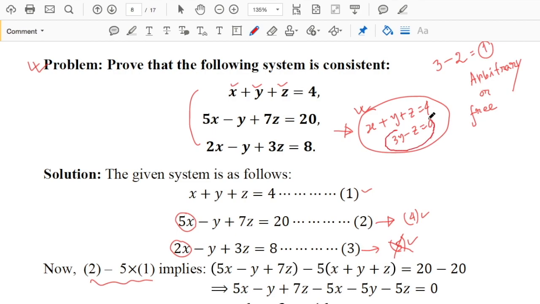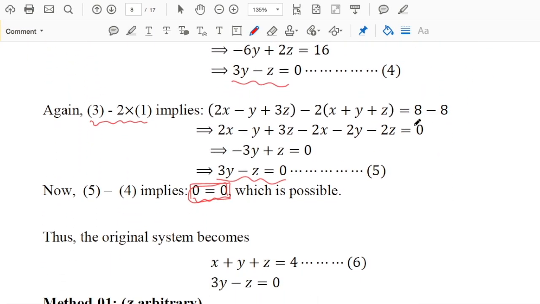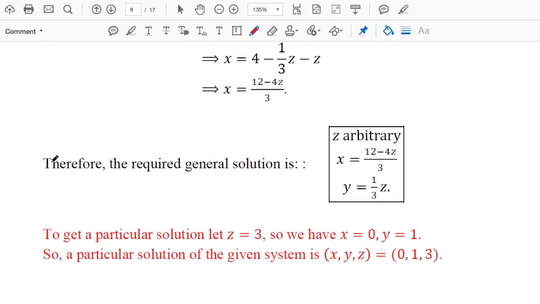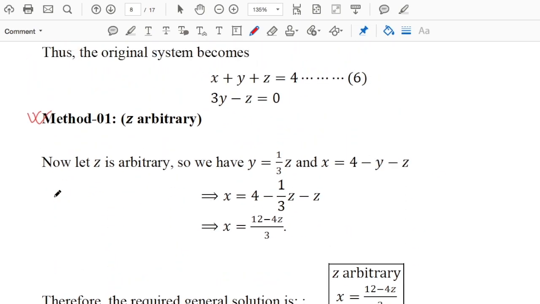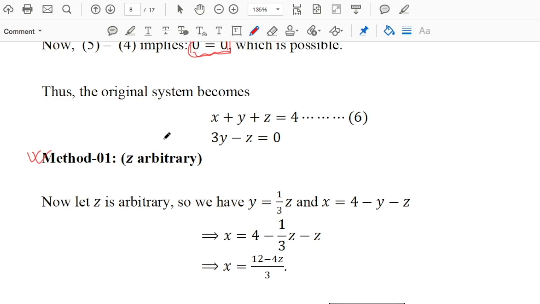In the second equation you have two variables y and z, so you are allowed to consider either y or z as an arbitrary variable. We first consider z as an arbitrary variable, then we show what happened when we consider y as an arbitrary variable. You don't need to do two methods in the same problem. One method is fine, but let me discuss two of them.